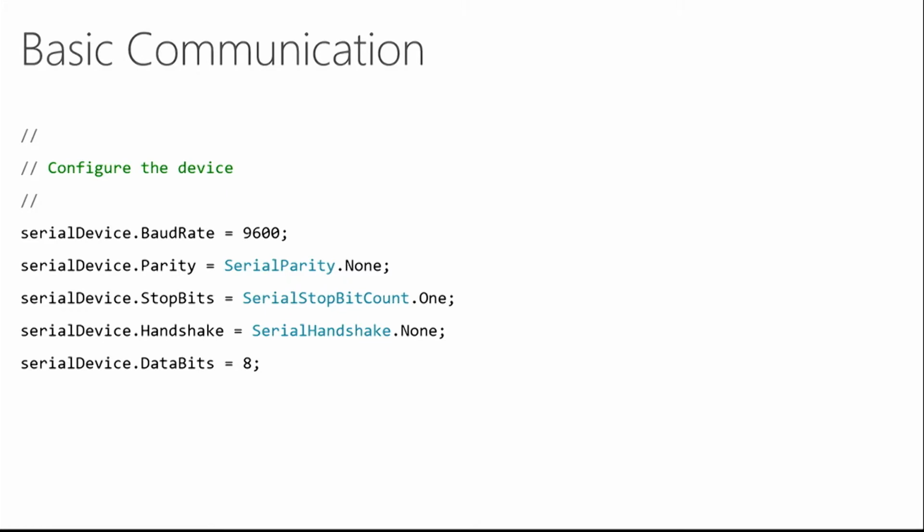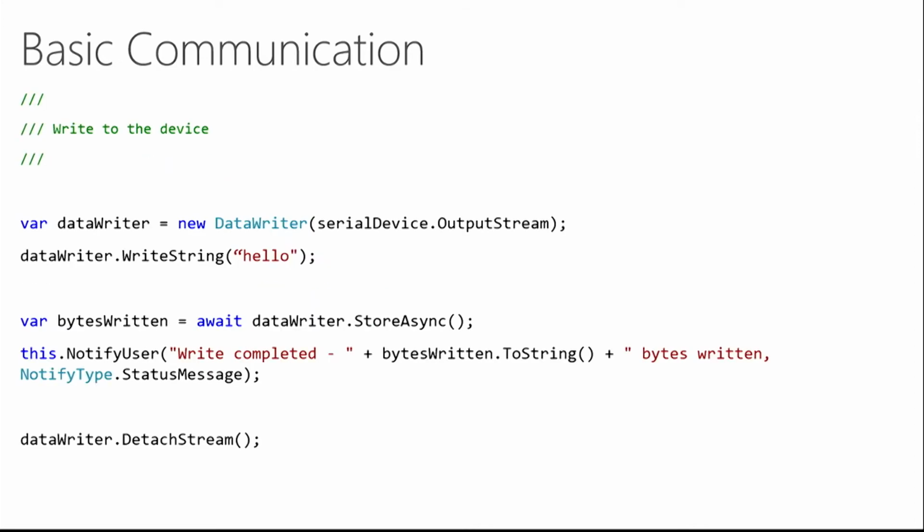So the first step, like we talked about, was configuration. In this case, here we have a bunch of configuration parameters like baud rate, stop bits, and parity that you'd know ahead of time that the device uses. And then writing and reading. So the first part is writing.